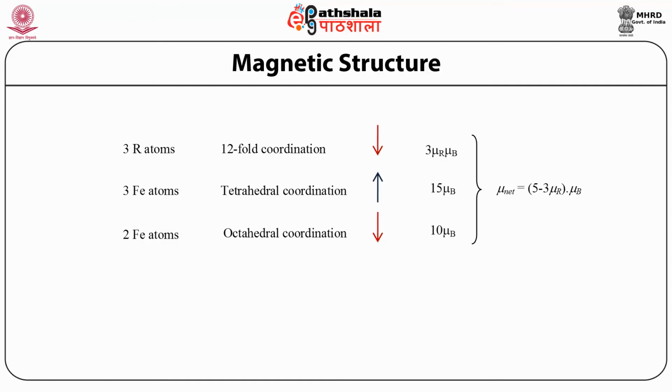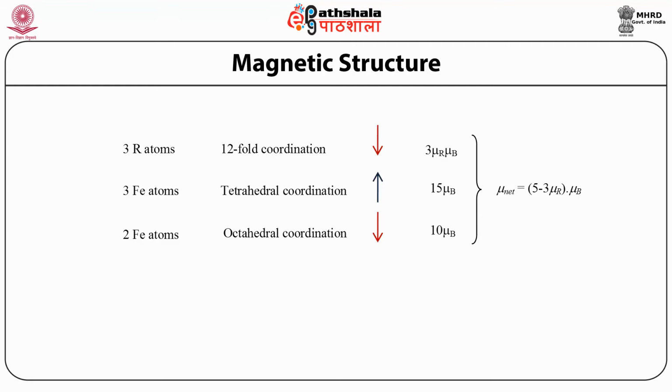We now know that each Fe3+ ion contributes 5 μB, while each lanthanide atom, that is R, contributes a moment of μR times μB, where μR is the strength of the moment of the R ions.